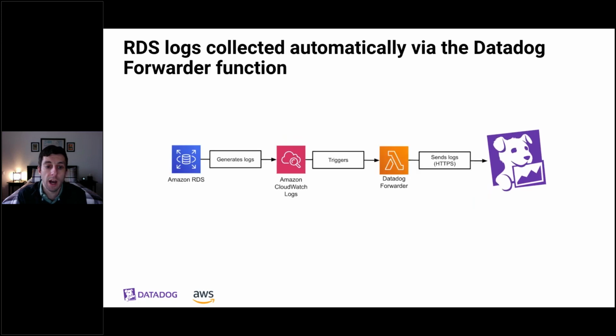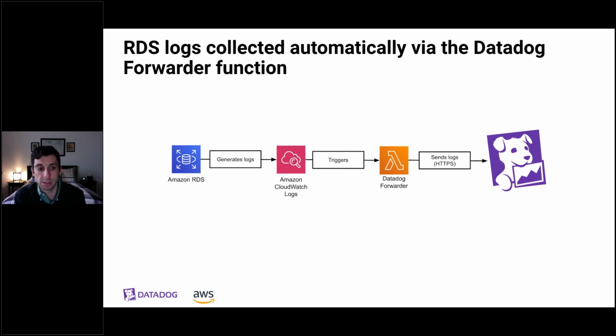All right. But of course, metrics are only one part of the story when it comes to monitoring your database. So in addition to that, we can also ingest any database logs that get published from RDS as well.